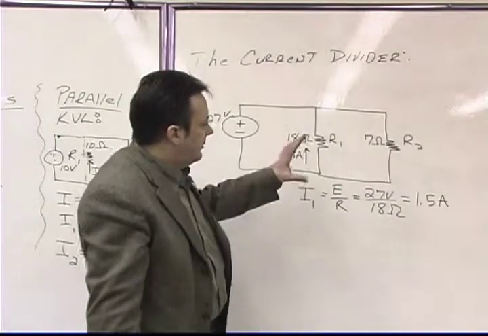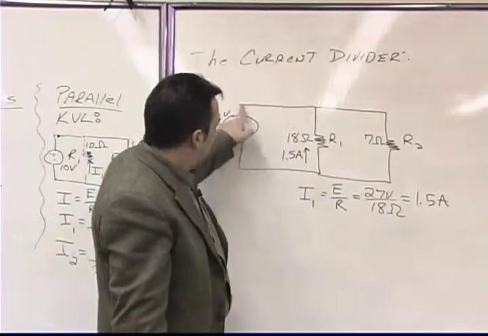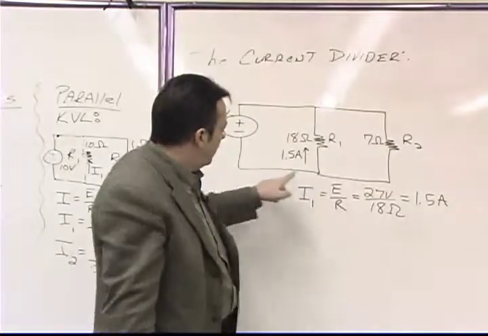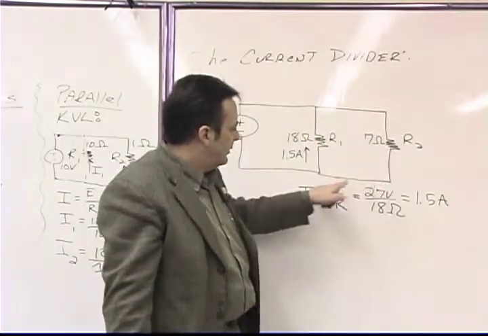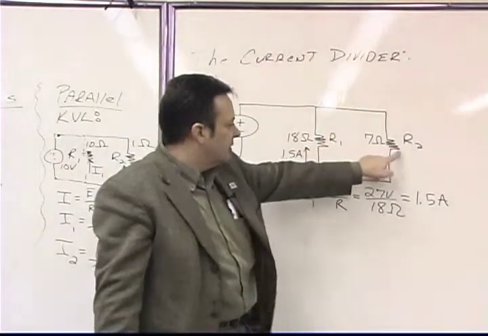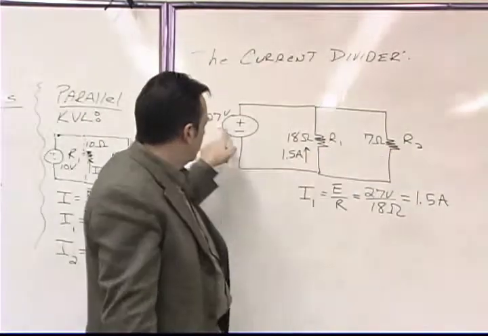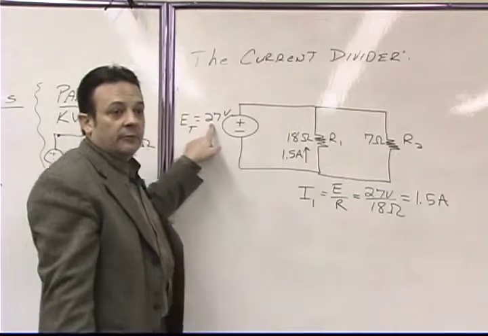Likewise, we've got a closed loop on the very outside, and we also have a closed loop on the very inside. They both tell us that the voltage here is what? 27 volts.